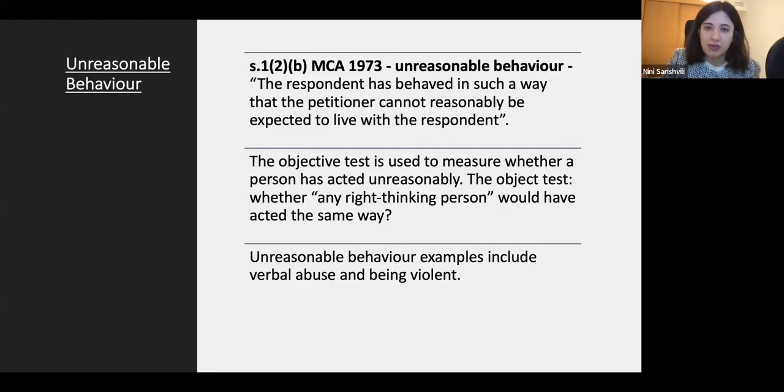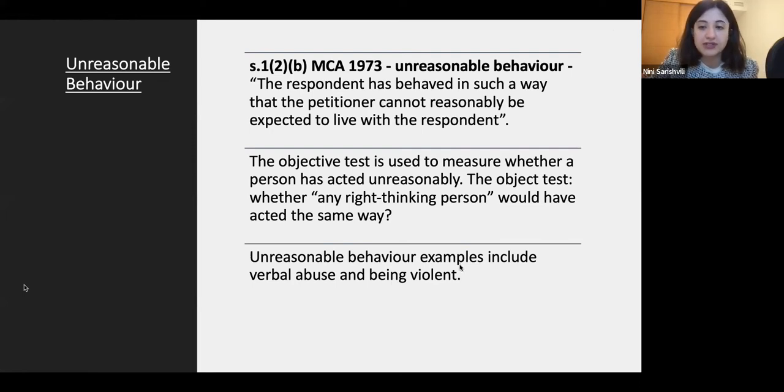What is unreasonable behavior? The other ground for divorce. Unreasonable behavior can be anything that can be characterized as unreasonable. The respondent has behaved in such a way that the petitioner cannot reasonably be expected to live with the respondent. The objective test is applied, as any right-thinking person would have acted the same way.